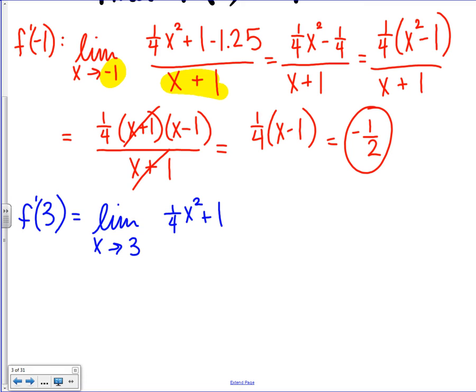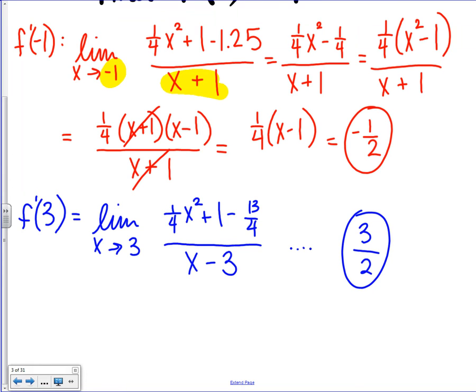Well, if I go to my function there and I put in a 3, 3 squared is 9. 9 times a fourth is 9 fourths. 9 fourths plus 1 should be 13 fourths, all over x minus a. So that's what my original limit looks like. I'll let you do the work here, okay? And I'll tell you I get my final answer to be 3 over 2. So hopefully you can do your manipulation to get that same result.